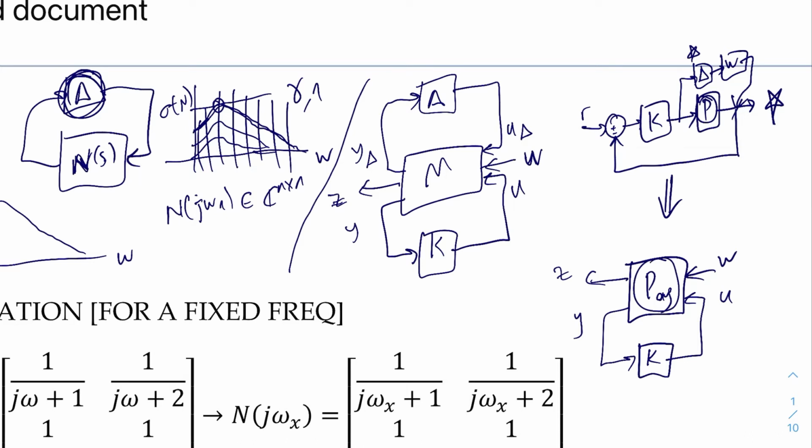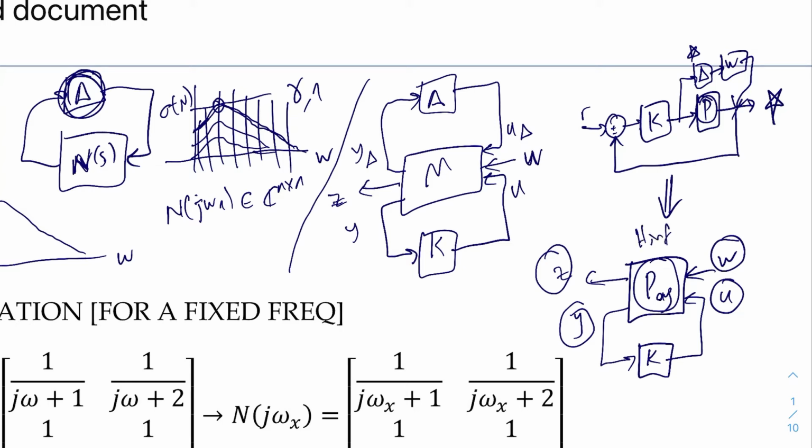Here P augmented, and again W is exogenous input, and Z regulated output, Y measured output, U control signal.